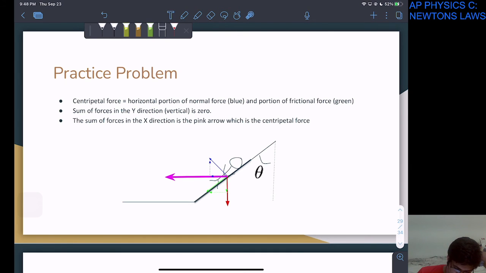Yep, so we went over this. Now horizontally, our centripetal force is pointing to the center. We can break it up like this also, along our centripetal force axis and vertically, and we can also break up our vectors along this axis here. So these are two options.